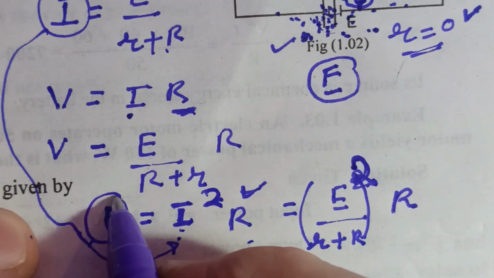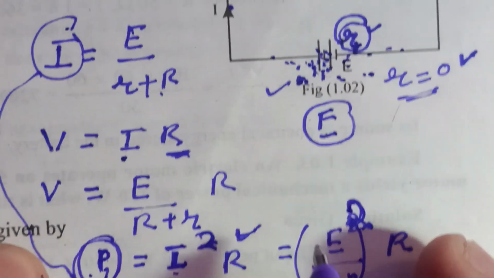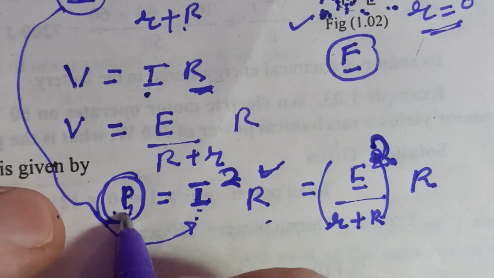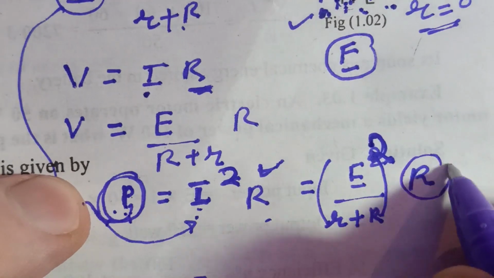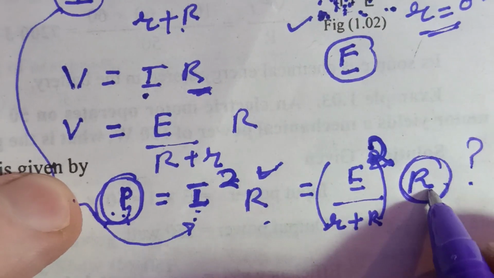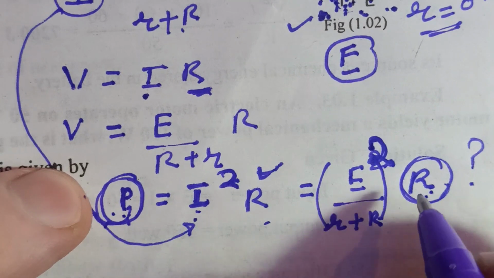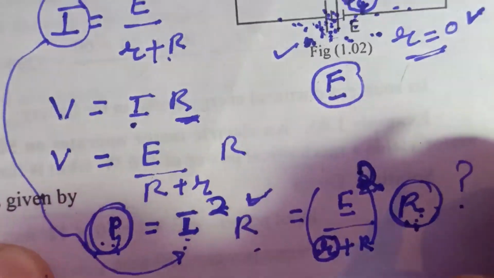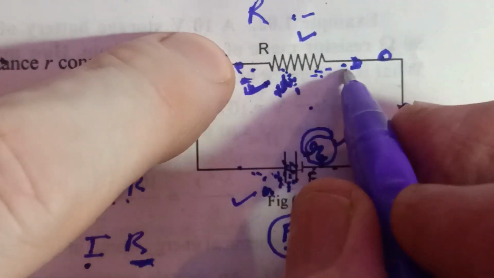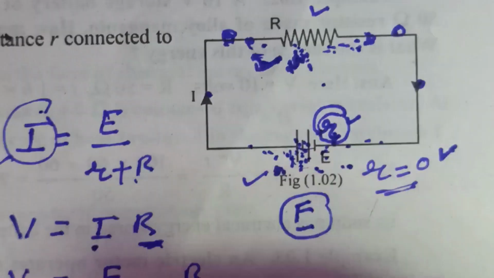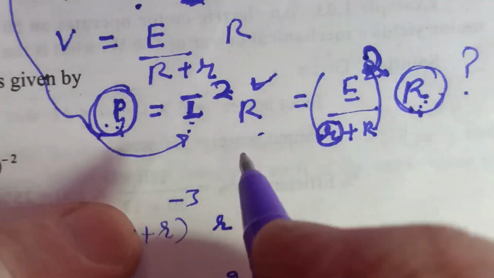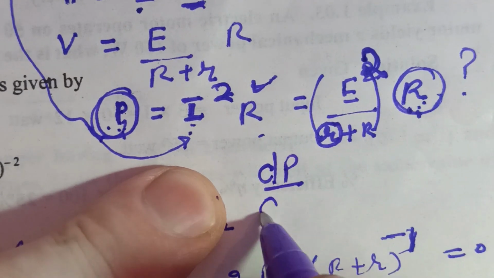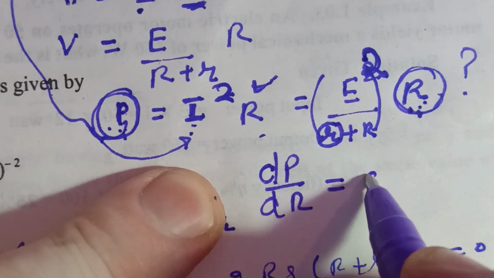Now our question is: when is the power delivered maximized, for what value of R? What should capital R be as compared to small r, so that the delivered power is maximum? So I'm going to take the help of differentiation: dP upon dR equals 0.